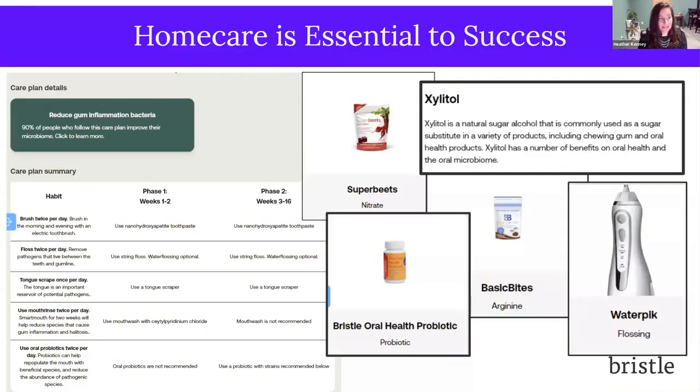So we do have a pretty extensive two-phase process where we have a weed out phase and then a phase of trying to grow and promote health within the mouth. I don't know if whoever was in here prior, I'm a big gardener. So oftentimes we talk about the mouth as a garden. And if we're constantly tilling the garden with antimicrobial rinses like chlorhexidine and Listerine and TheraBreath, which I see over and over on the tests, they just wipe out our beneficial bacteria and our nitrate reducing bacteria.